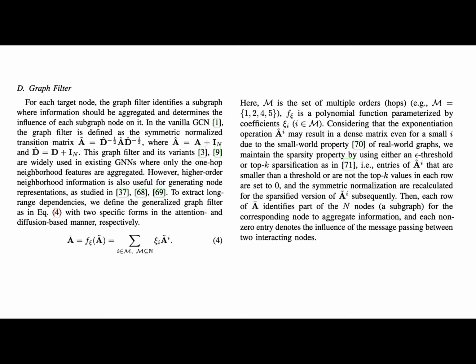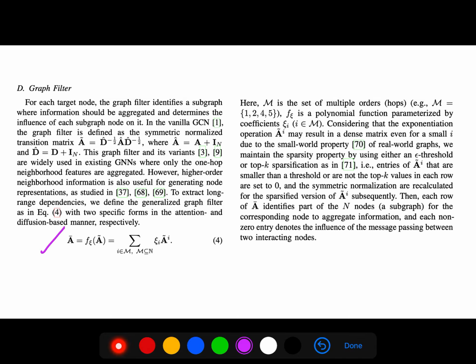For each target node, the graph filter identifies a subgraph where information should be aggregated and determines the influence of each subgraph node on it. So this is the generalized filter, and this f of k is a polynomial function.